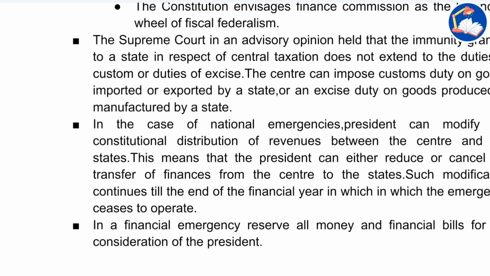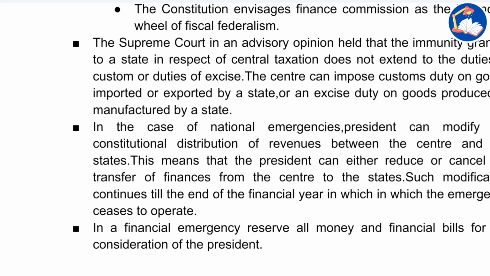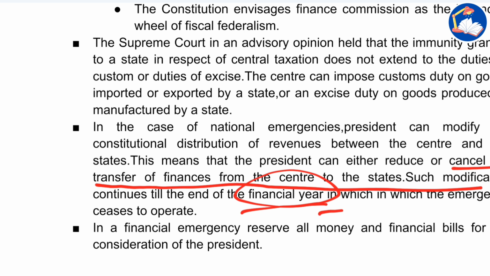Important point. In the case of national emergencies, the President can modify the constitutional distribution of revenues between the center and the states. In the case of national emergencies, who can change? The President. This means the President can either reduce or cancel the transfer of finances from the center to the states. Such modification continues till the end of the financial year in which the emergency ceases to operate.